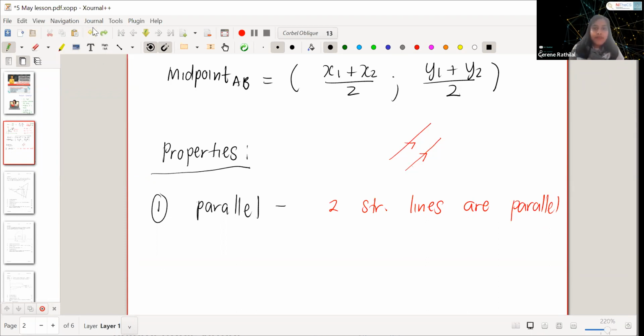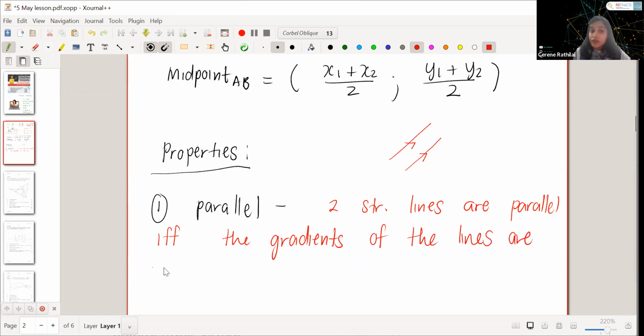So that was just the definition of parallel, but now we want some type of characterization in terms of the slope of the line. So two straight lines are parallel if and only if, so it goes in both directions, the gradients, the slopes, one and the same thing, the gradients of the two lines are equal.